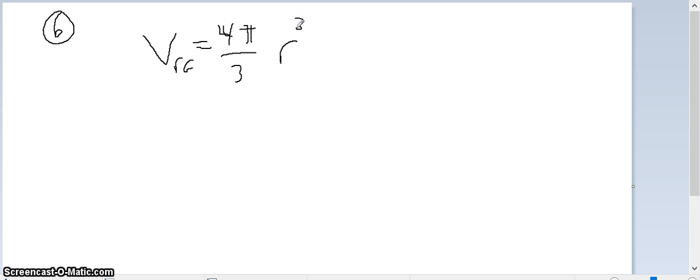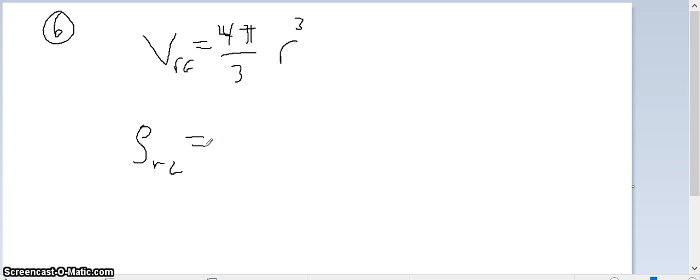And let's see, what else do we have to do? Yeah, all right, and then once you figure out the volume, they want you to figure out the density of the red giant. So the density of the red giant is equal to, they want to use the mass of the sun, but you have to put the mass of the sun in grams.